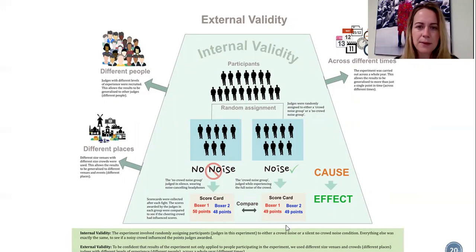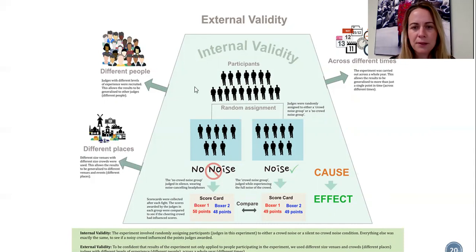Now, they also wanted to be sure that the results would generalize to other people, places, contexts that weren't tested, that could be tested in other situations. So, whether it had high external validity. What they did was have this experiment happen in multiple different conditions with multiple different people and across different times. By having different size venues with different sizes of crowds, they could be sure that their results would generalize to different venues and different events.